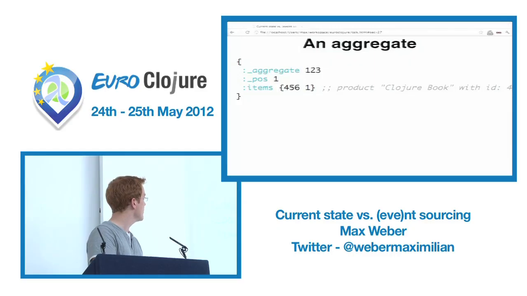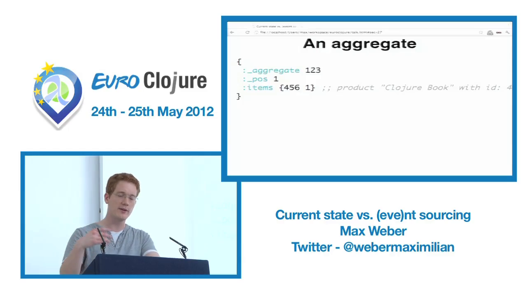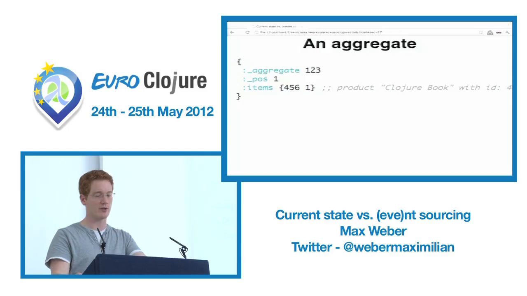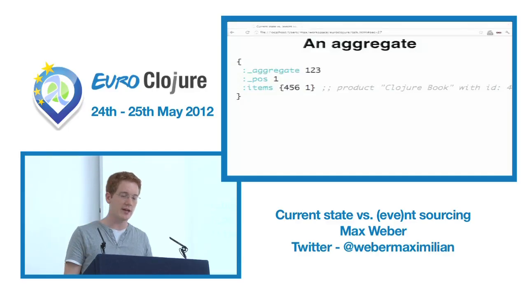An aggregate is merely a plain Clojure map, which of course can include nested maps or other data structures. The aggregate value is associated with the identity of the aggregate through the underscore aggregate entry here.